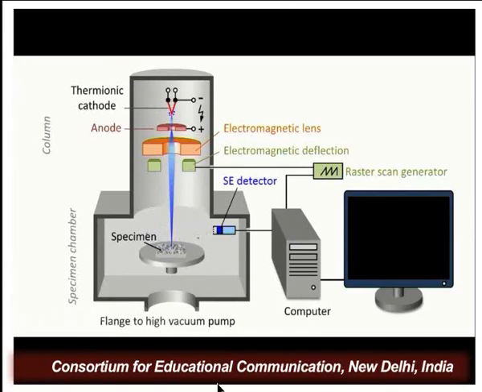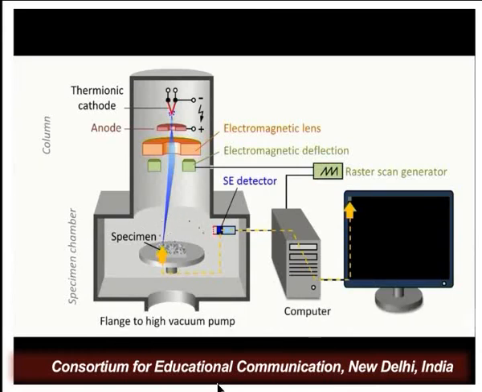That screen will give the image of the surface of the specimen, and in this detector the secondary electrons which are ejected from the specimen will fall upon this SE detector. It may be a photomultiplier tube, it may be another type of detector, it has a sensor, and here we can see the various images on the screen.